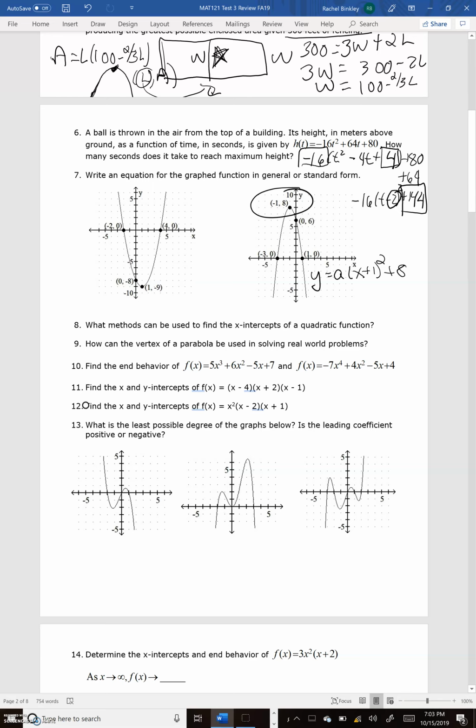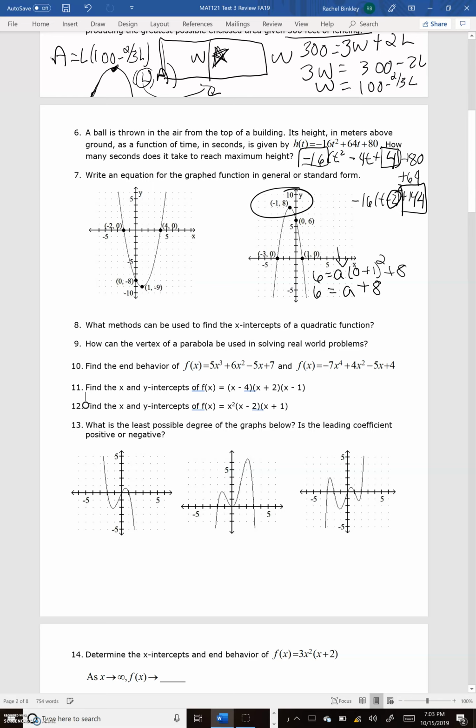Then I'm going to take any one of the other points besides the vertex, and I'm going to substitute in for x and y so I can solve for a. So let's do just the y-intercept. If my x is 0, my y is 6. Working with 0 is always easiest. So then I get 6 is equal to a times (0 plus 1) squared plus 8, which is just a plus 8.